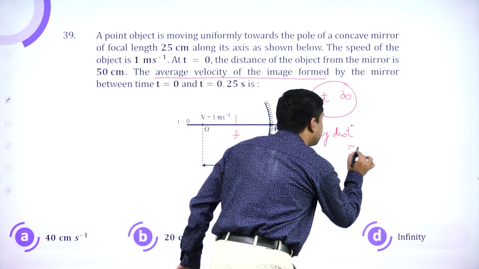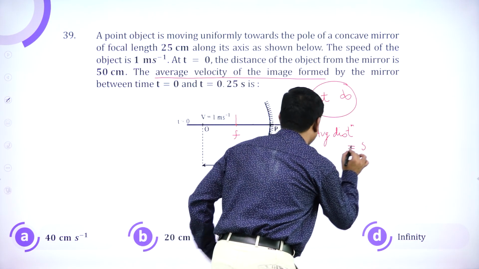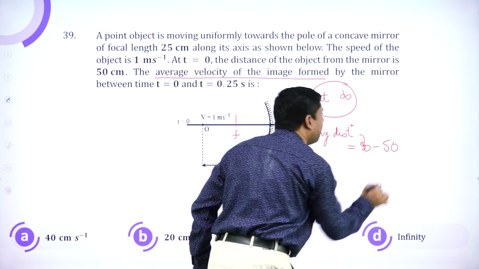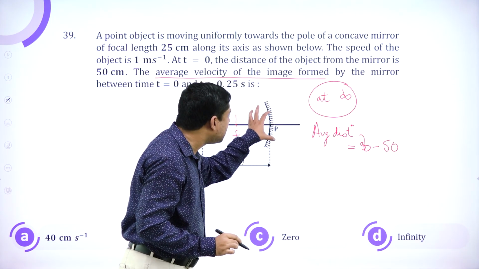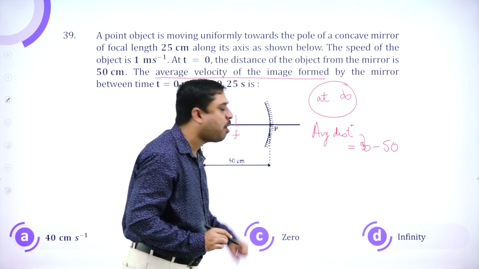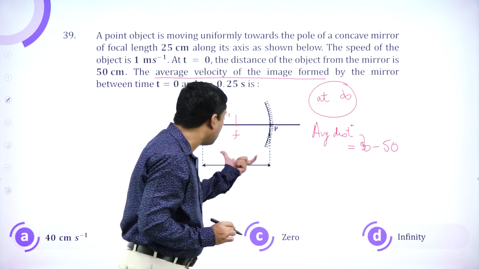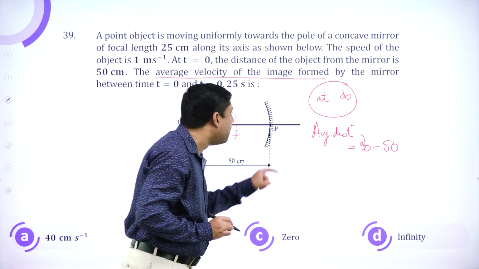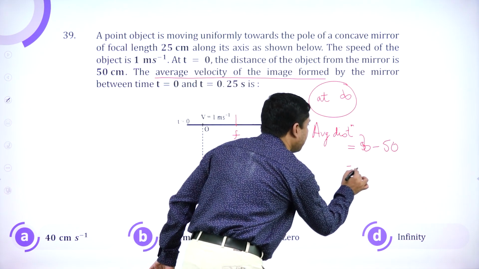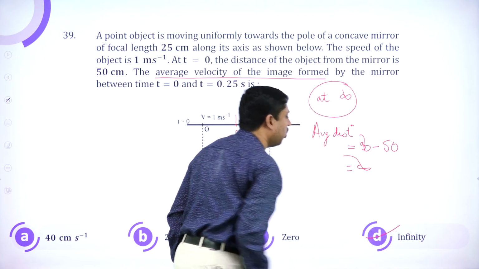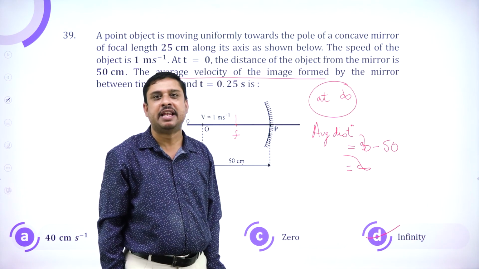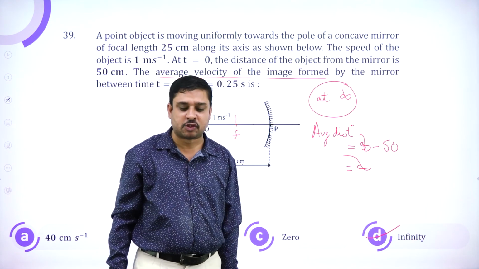So, the distance becomes infinity minus 50, since by principle the image has to be formed at infinity. So it is traveling a distance of infinity minus 50, which is somewhere at infinity. So the average velocity is also infinity. Principles of the mirror.